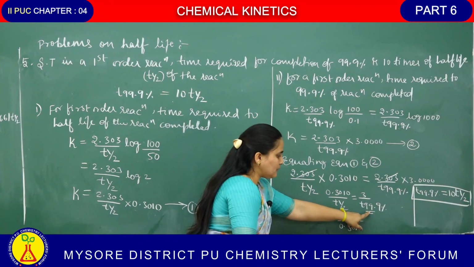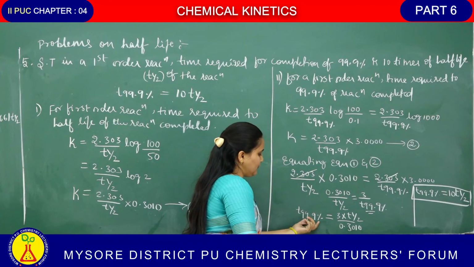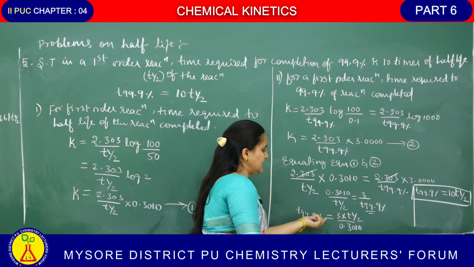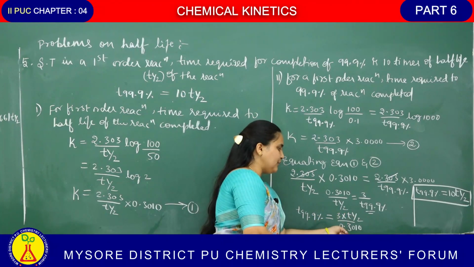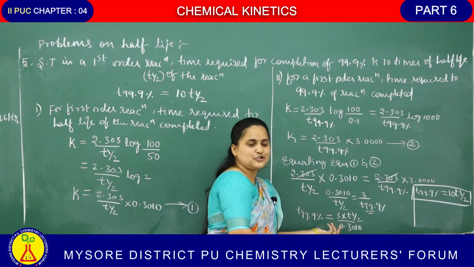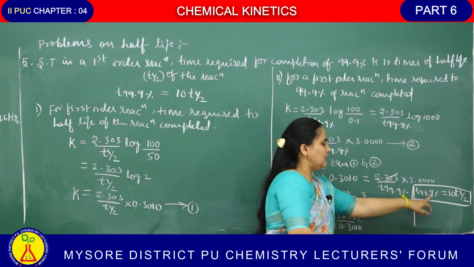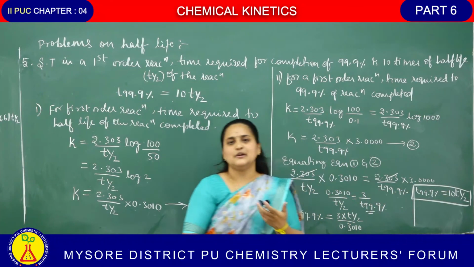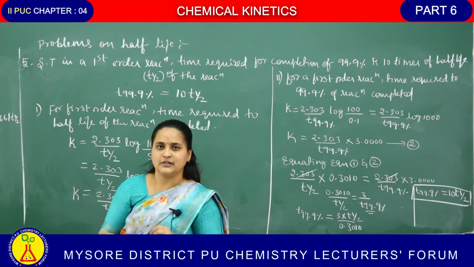We have to calculate t 99.9%, therefore rearrange this equation. t 99.9% is equal to 3 multiplied with t half divided by 0.3010. 3 divided by 0.3010 we get 9.96 something, approximately it should be 10, right? t 99.9% is equal to 10 t half. In this way we have to solve this problem. Thank you.